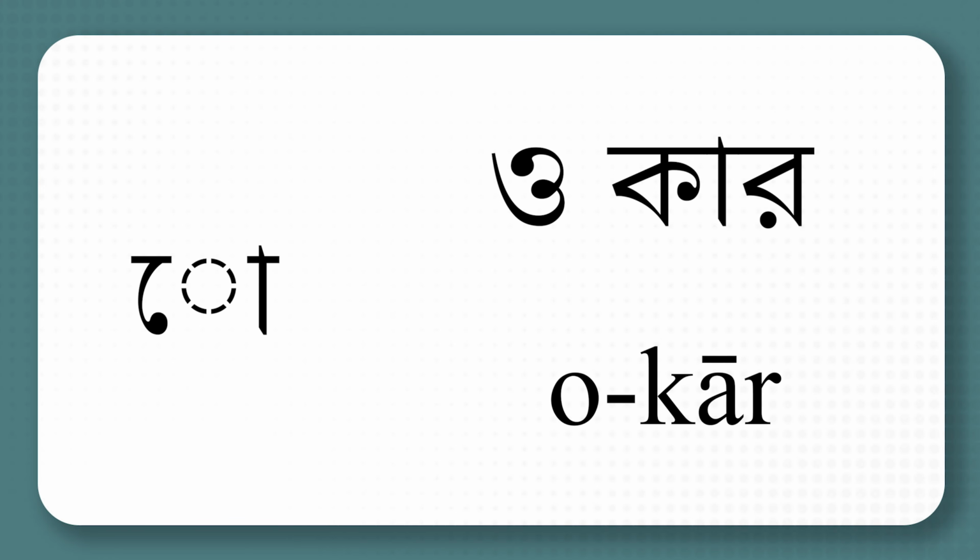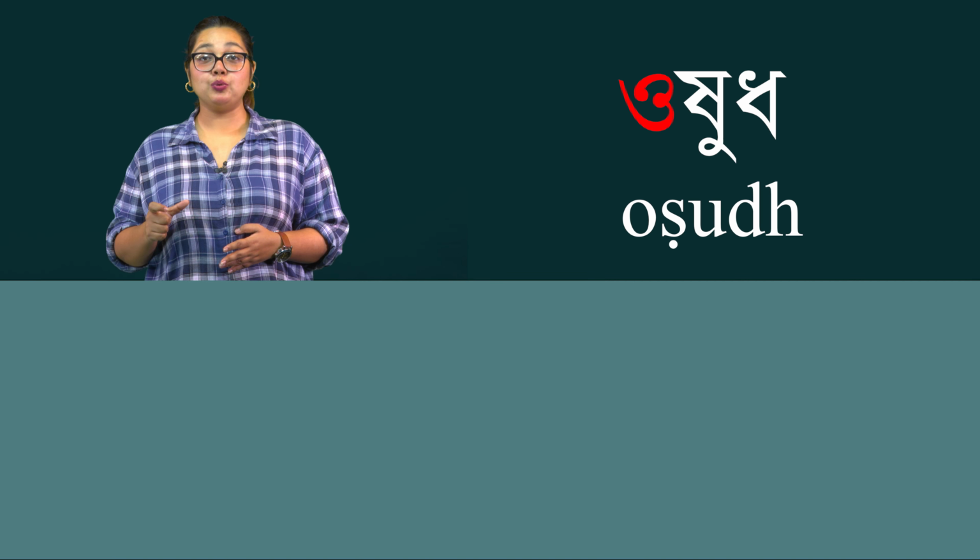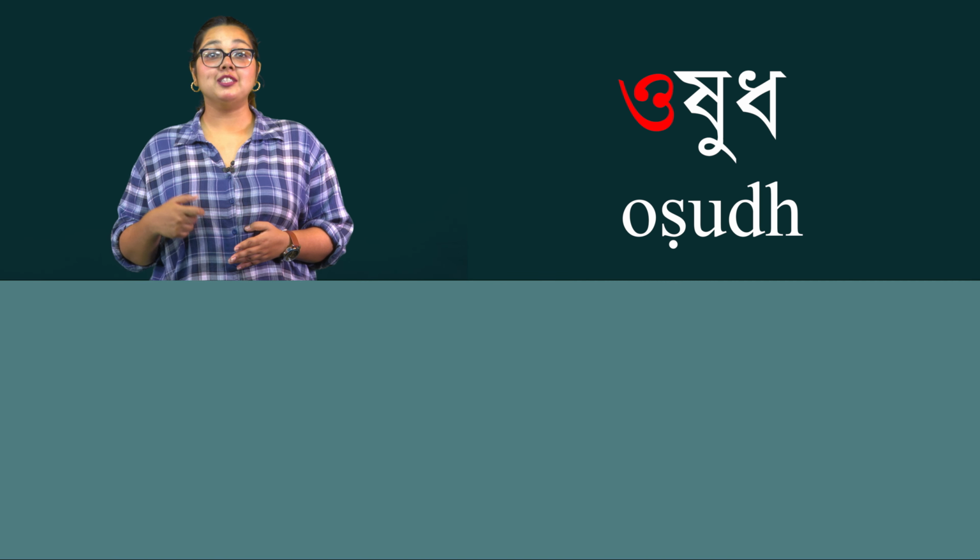The next letter is O. It is pronounced as O in the English word oak. There is no matra above the letter. It also occurs in a diacritic form okar, which consists of ekar followed by an akar. To add the diacritic mark of okar, a consonant has to be placed in between the ekar and akar. O can occur word initially, as in oshud in its original form, which means medicine.